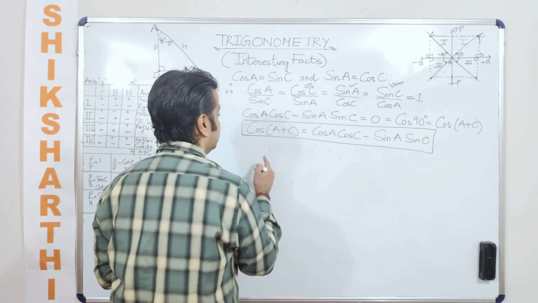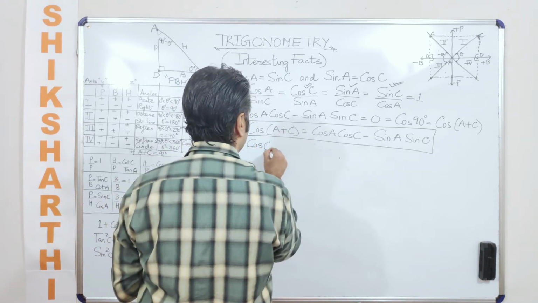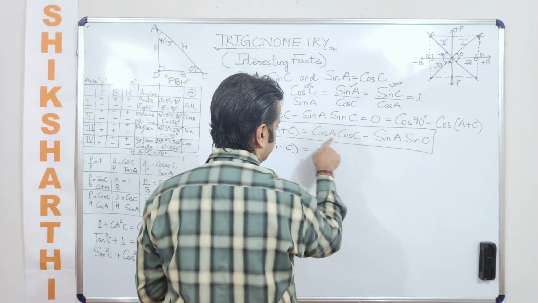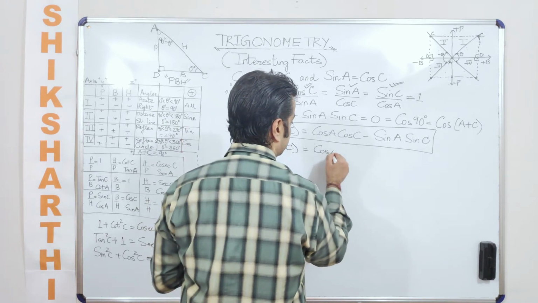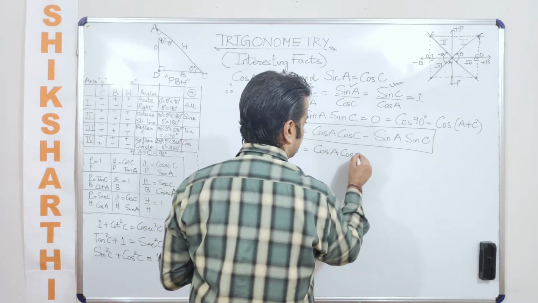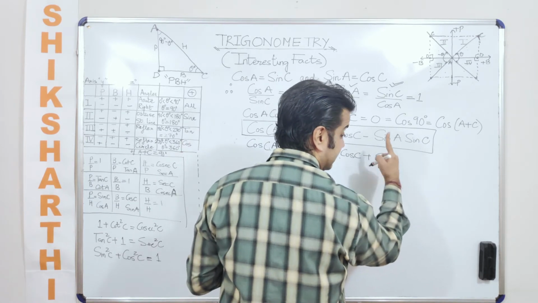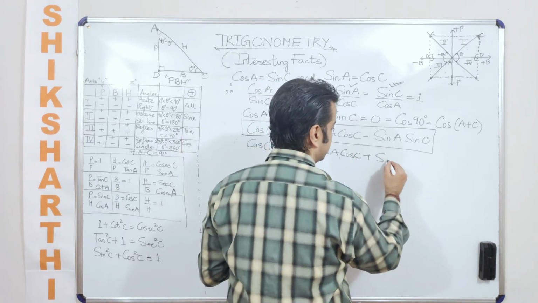Now once you have done this, now instead of C, I can put it as minus C also. So now once you do this, we know that cos of minus C is cos C only. But sine of minus C becomes minus sine C. So minus into minus is plus.